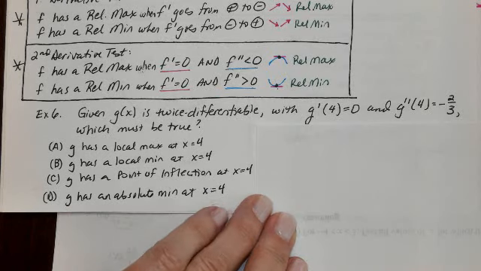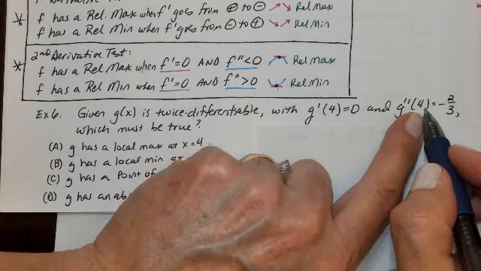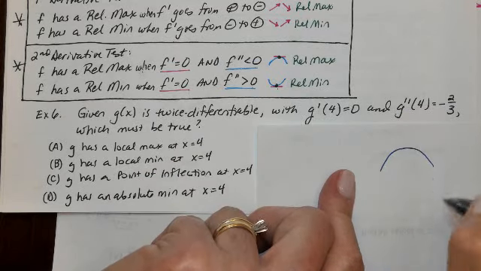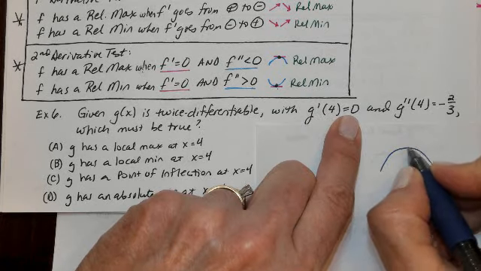Which is it? Well, here I see that at x equals 4, we're concave down, and we have a slope of 0.